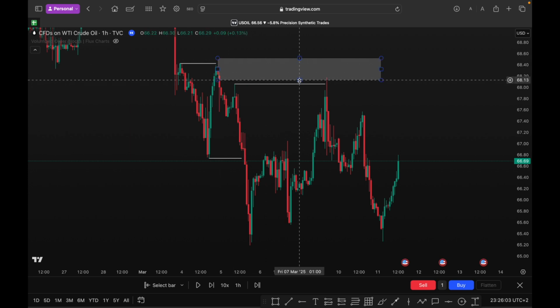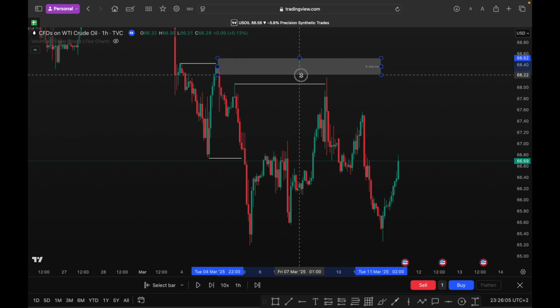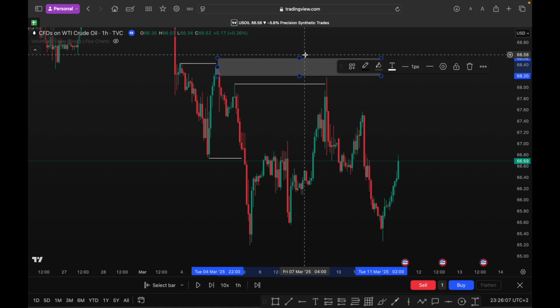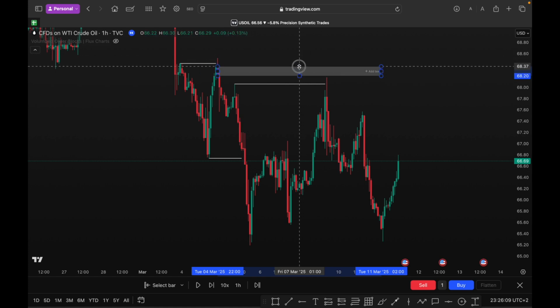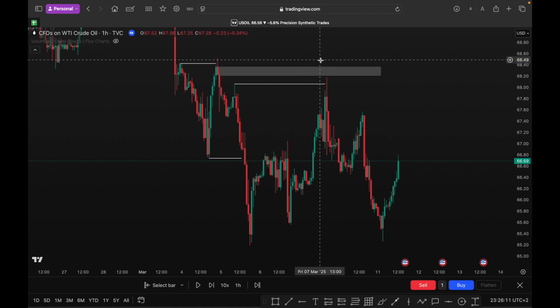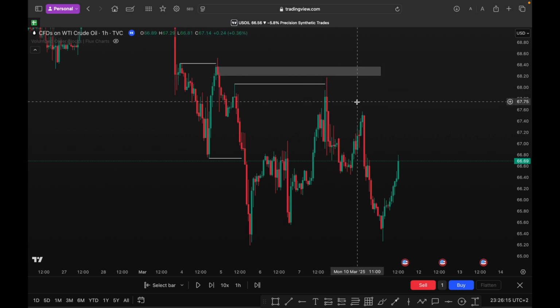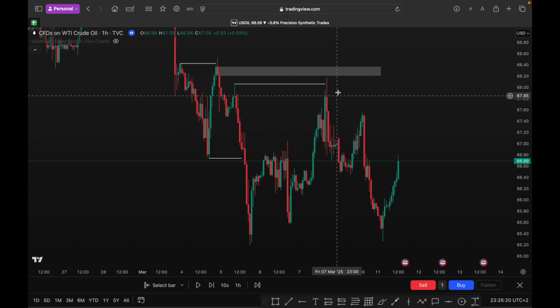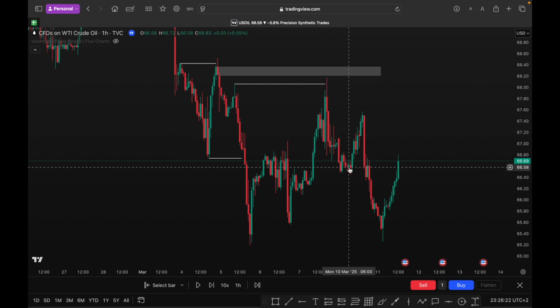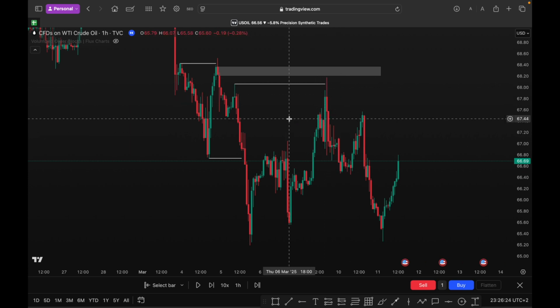It depends all on you if you want to draw an order block from body to body, or if you want to include the wicks. If you draw it from body to body, you wouldn't get tapped in, but on the lower time frame you will find an entry from this wick over here continuing down. So this is how I look at order blocks.